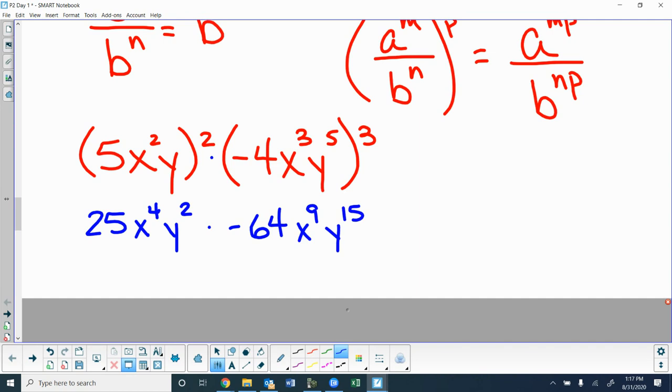What's 25, these are coefficients, times negative 64? That's what you'll get. But what do I do with these x's and these y's now that I'm just multiplying? Add the exponents. Yeah. So x to the 13th and y to the 17th.